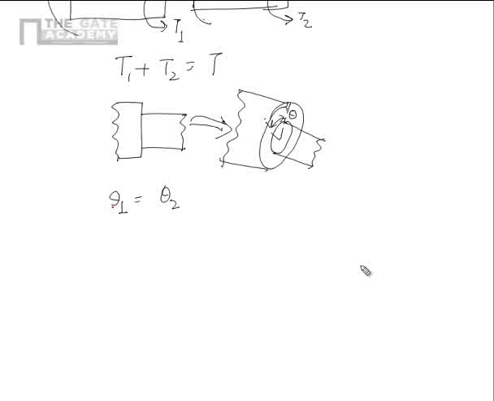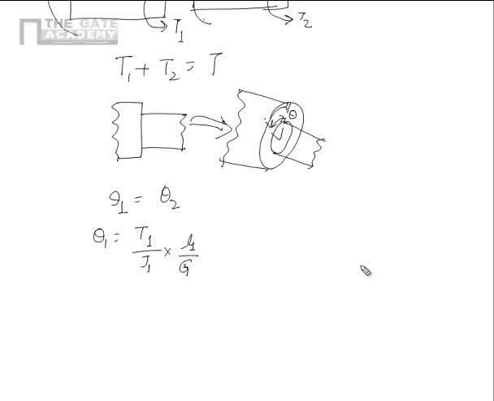Now if I use this condition, I know that theta 1 is equal to T1 upon J1 into L1 by G, let's assume the modulus of rigidity is equal.